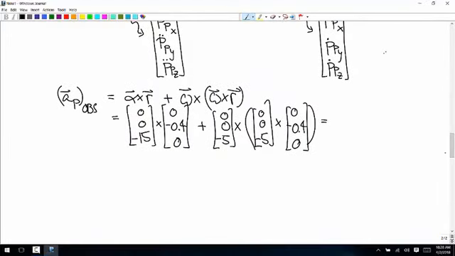So what do we have here? So that is negative 2, negative 10, and this one is negative 6.